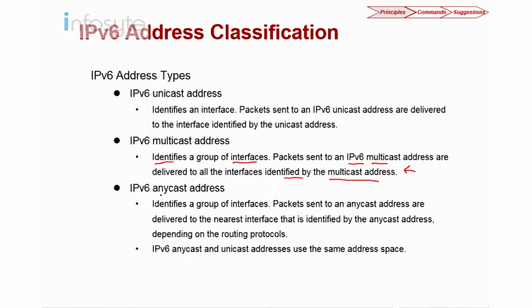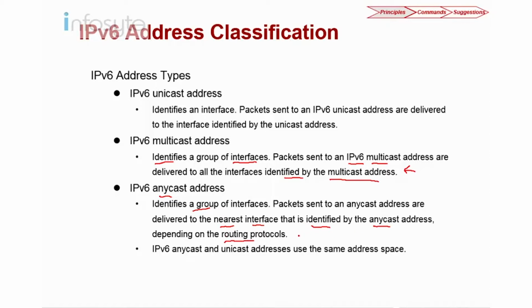And finally we have anycast. This is a bit unique, and the IPv6 anycast identifies a group of interfaces. Since we do not have any broadcast, anycast allows you to deliver to the nearest interface identified by the anycast address, depending on the routing protocol.